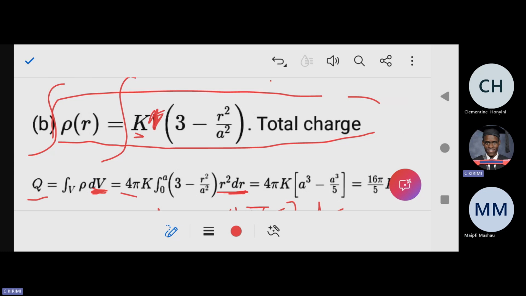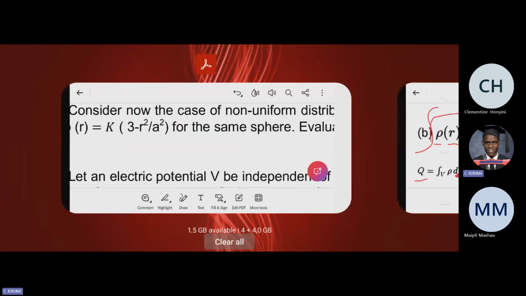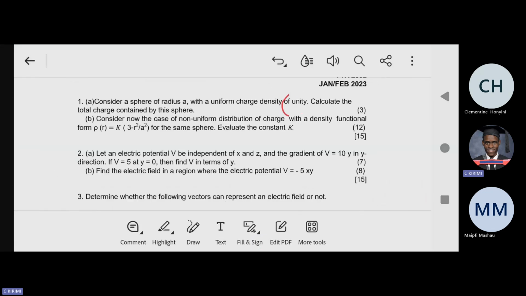But 4 pi and k are constants. You can take them outside of the integral sign. Why are you integrating from 0 to a? They are integrating from 0, the center of the sphere, to the radius of the sphere a. Those are your limits. So r is ranging from 0 to a. It's inside the sphere. Any question about the integration part?